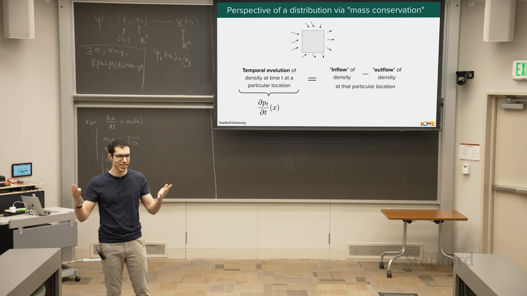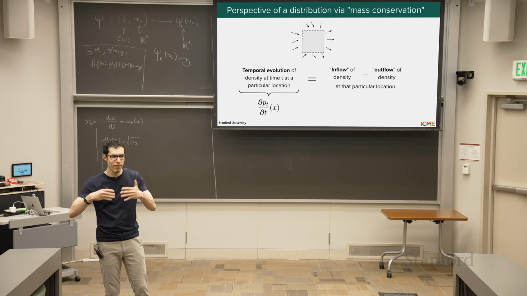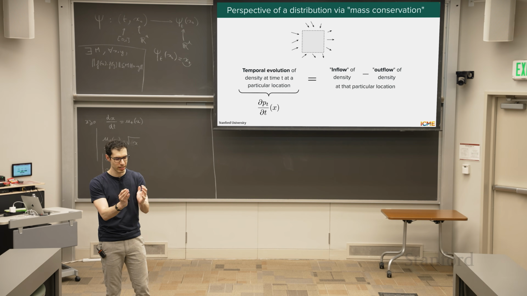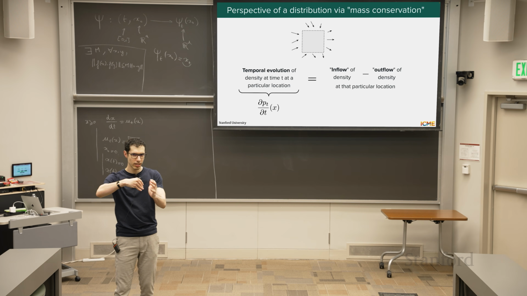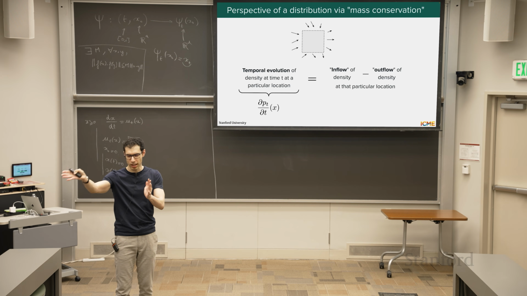Do you all agree with this idea? So the evolution of density at time t is a function of how much density comes in minus how much comes out.